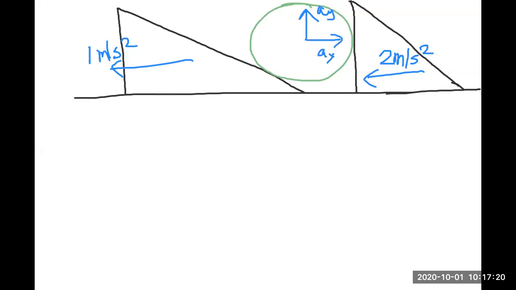I will assume that the sphere has an acceleration ax i cap plus ay j cap, which is the most general acceleration I can assume. Because I don't know that the sphere will be moving definitely horizontally or definitely vertically, I have assumed that there is an x component and there is a y component.